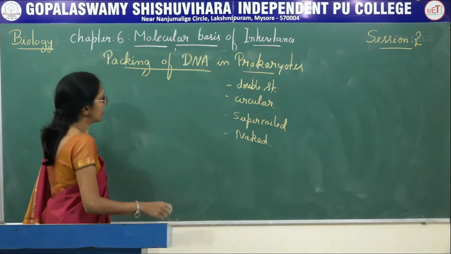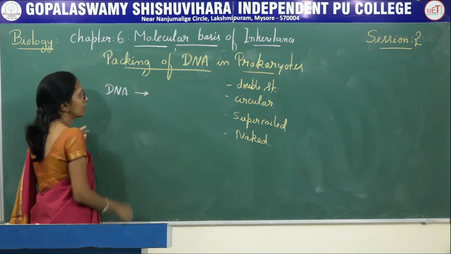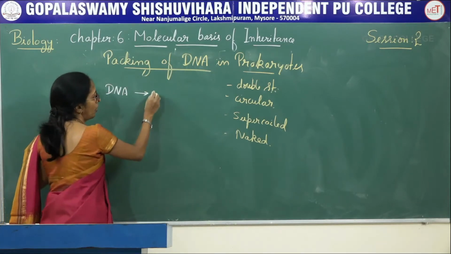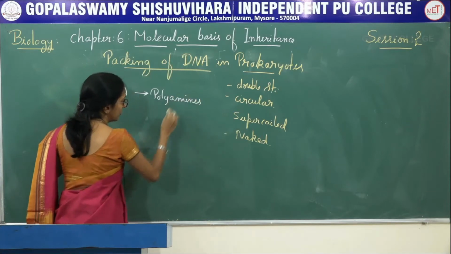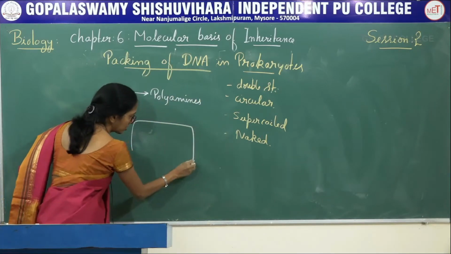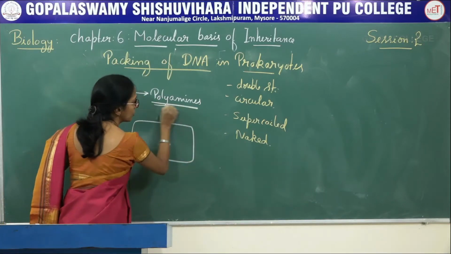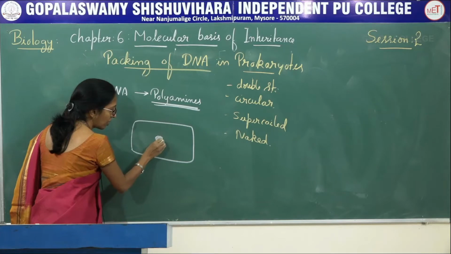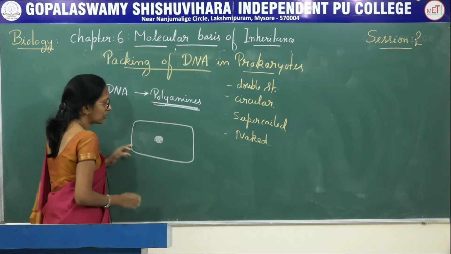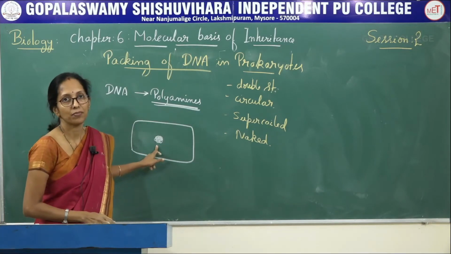So here what happens? DNA coils mainly due to the presence of polyamines. As a result of this, imagine this is the bacterial cell. As a result of these polyamines, there will be a continuous coiling and coiling so that it is confined to the very small space in the cell.